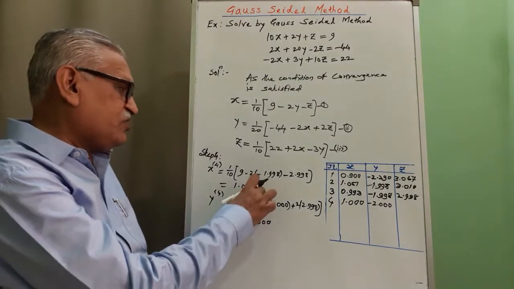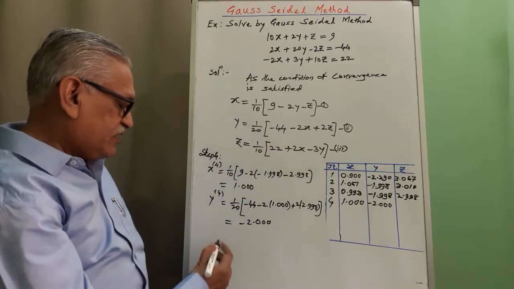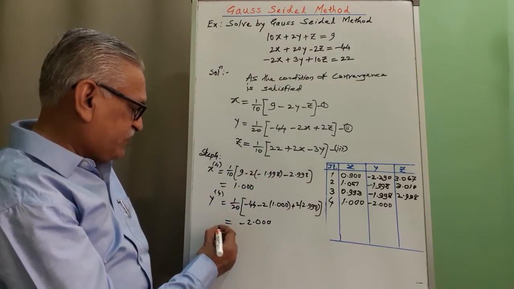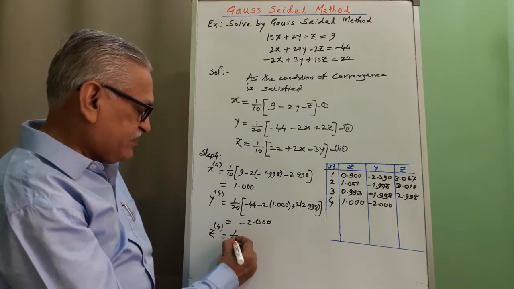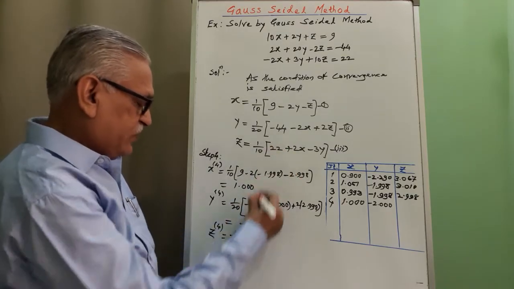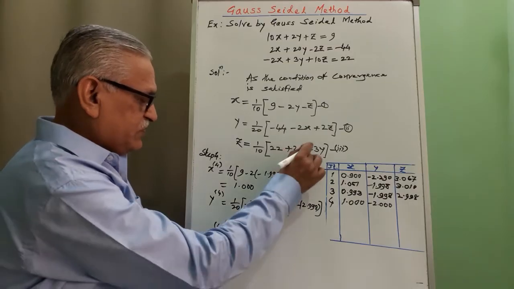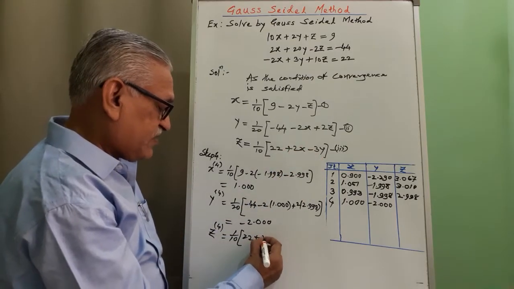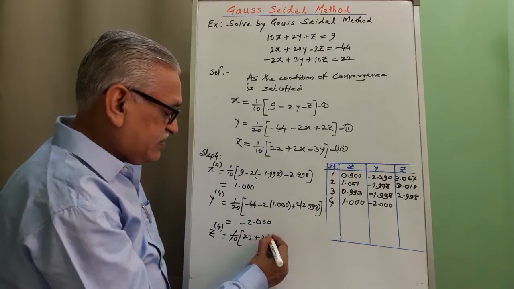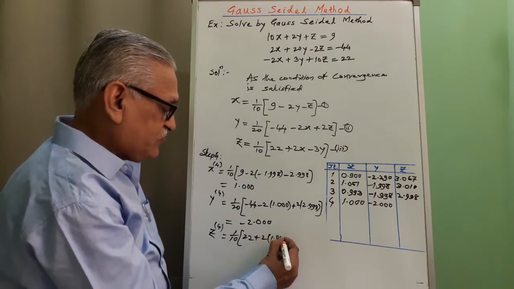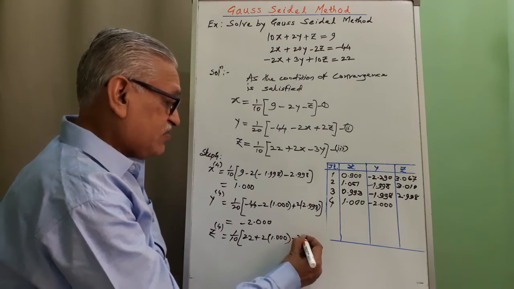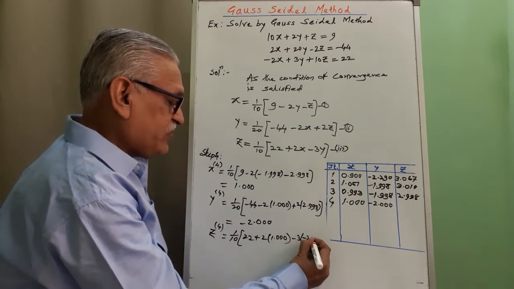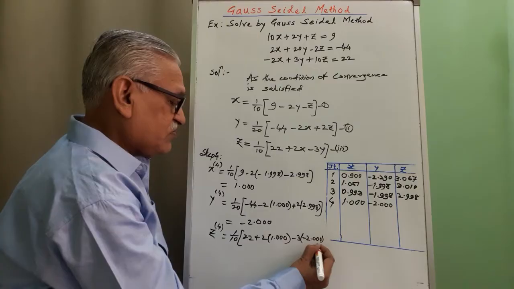Using these two values here in equation 3 to get a new value for z, z4, as 1 by 10 times 22 plus 2 into x. The latest value of x is 1.000 and minus 3 into y. The value of y is minus 2.000.